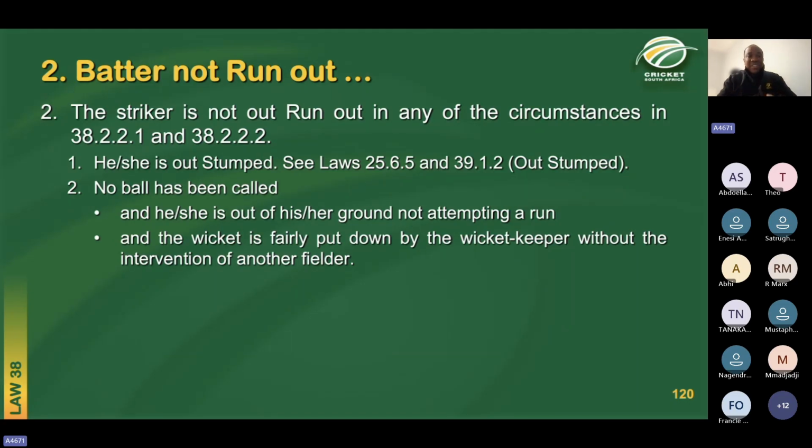Effectively, what the law is telling us here is if a no ball is called and the wicketkeeper stumps out the striker who is not attempting a run, the striker will not be out stumped because you cannot be out stumped off a no ball.